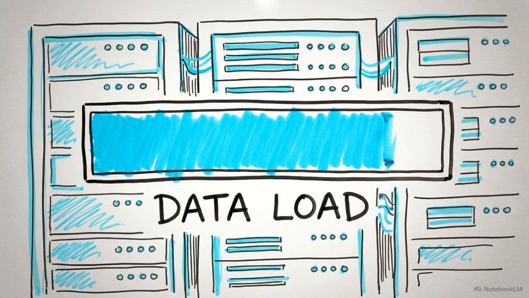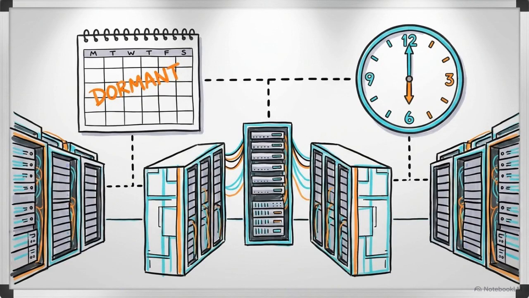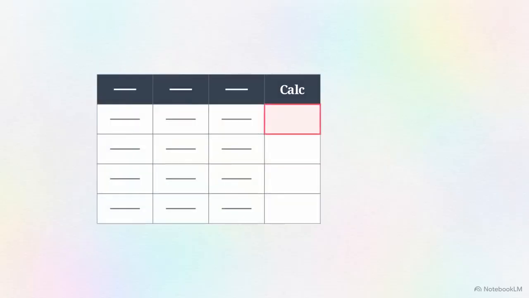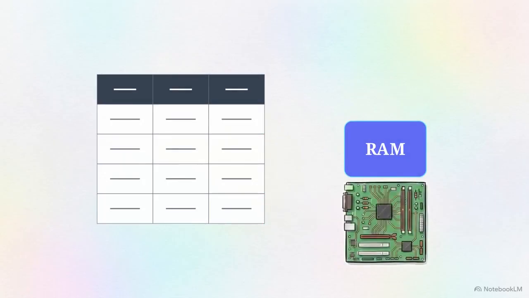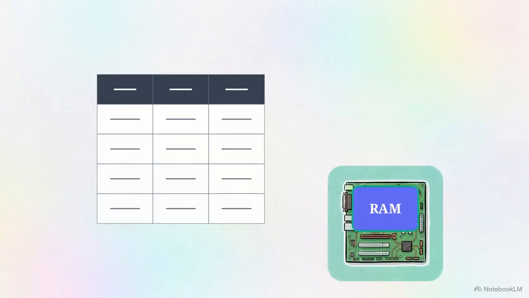A calculated column evaluates exactly once per data load. It evaluates at data refresh time, long before a user ever opens a report. The engine iterates through the table, computing the formula row by row, locking in the result for each specific record. Once computed, those results are materialized. They are compressed and stored permanently in the server's RAM.